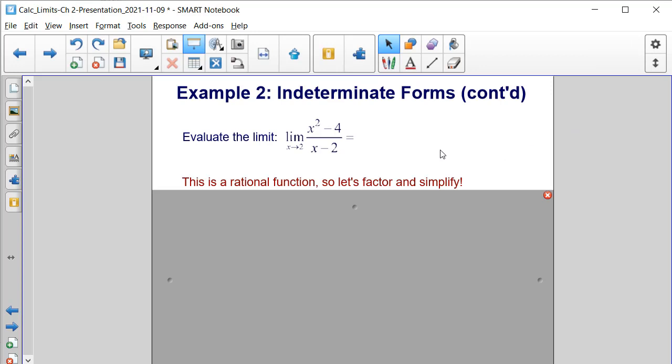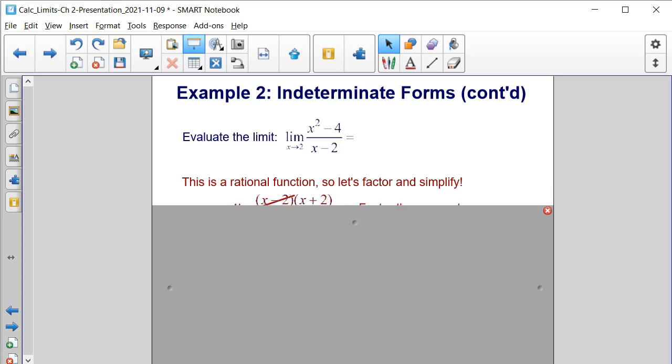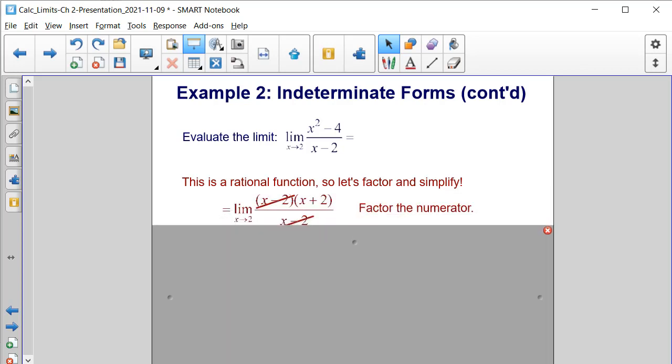And since this is a rational function, and we found out that we would get 0 over 0, we can factor and simplify. So the factors of -4 that add up to 0 are +2 and -2, so we would have x plus 2 times x minus 2 in the numerator, and the denominator remains the same, x minus 2. Notice we have a common factor of x minus 2 in both the numerator and denominator, so we can cancel them out.